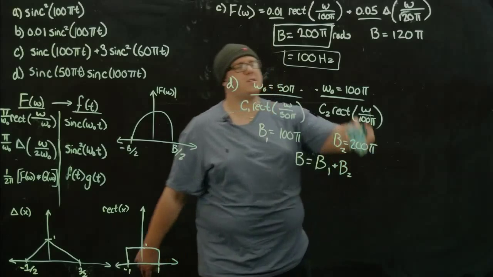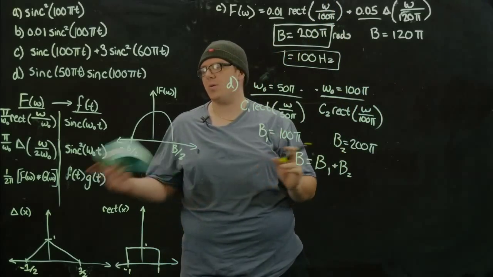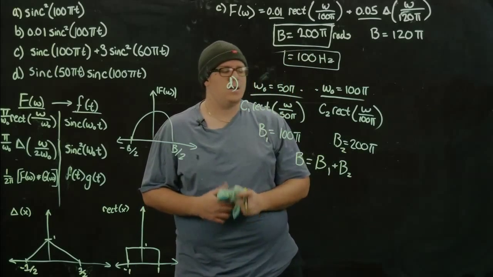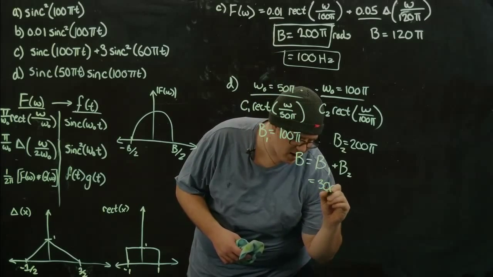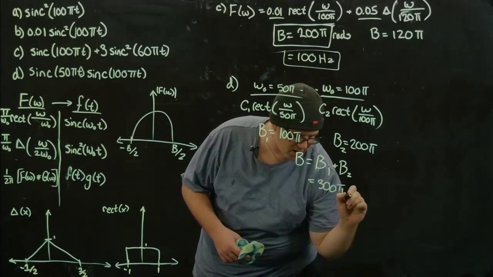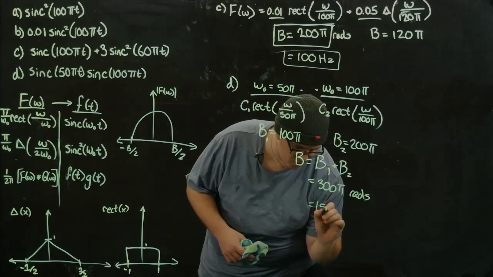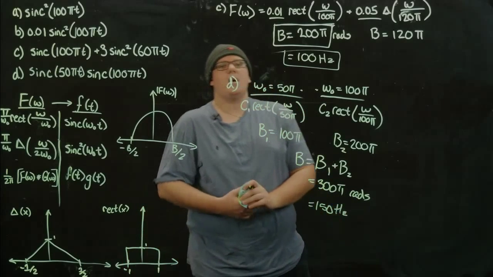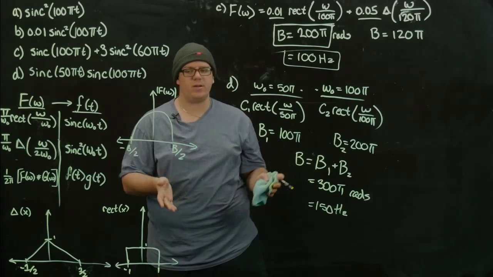When you add two functions, the bandwidth is the higher one. When you multiply two functions, the bandwidth is the sum of the two. So if we do this, we get that the bandwidth is 300 pi radians, or equivalently 150 hertz.